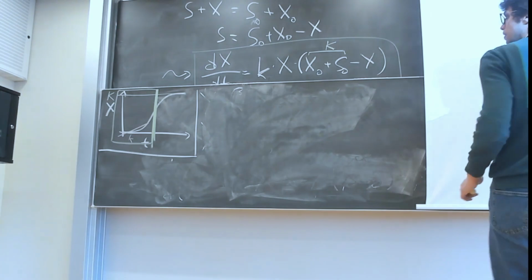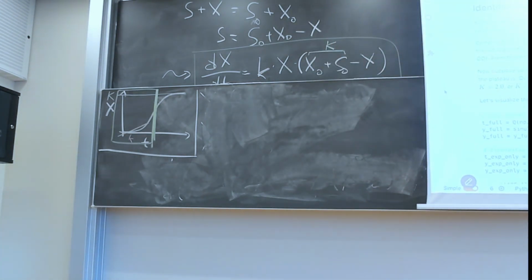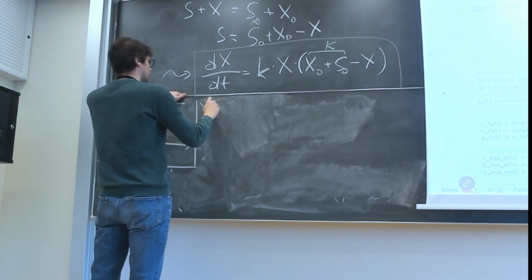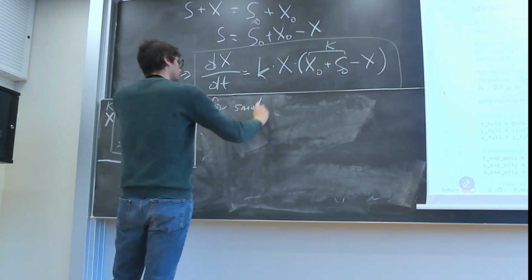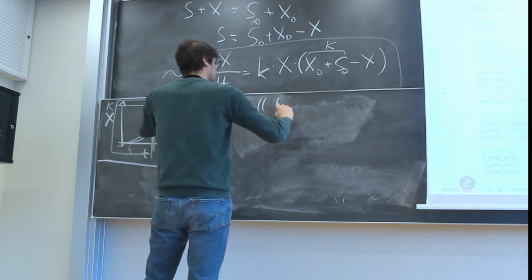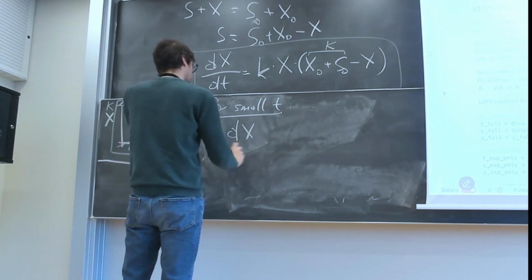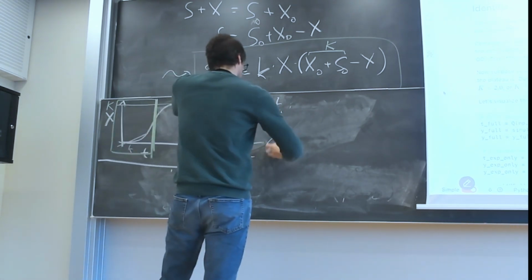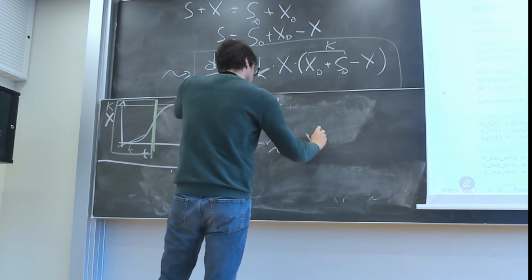So let's again write this just with a small simplification. Let's say initially, for small times, we'll have that this ODE will be more or less small k, this is of course exactly k times x.